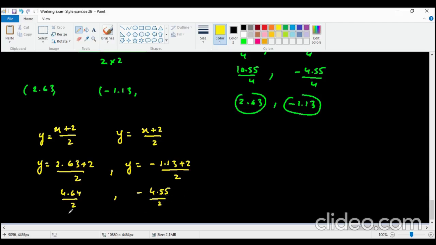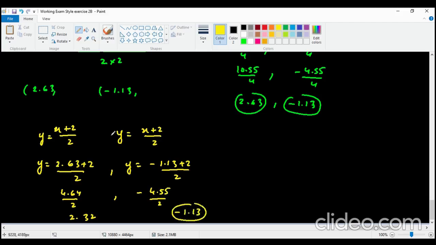So finally this is going to give us 2.32.